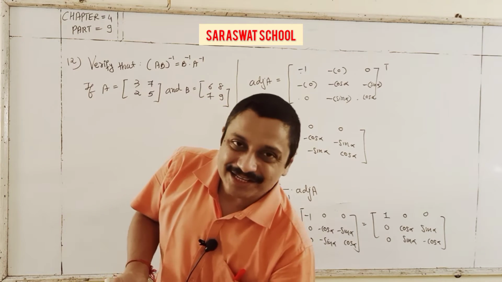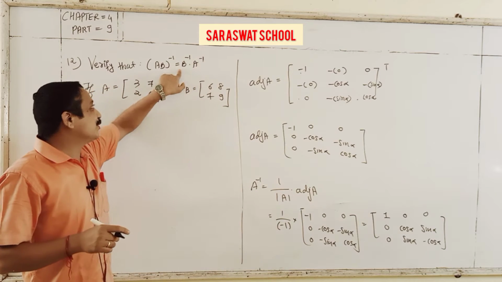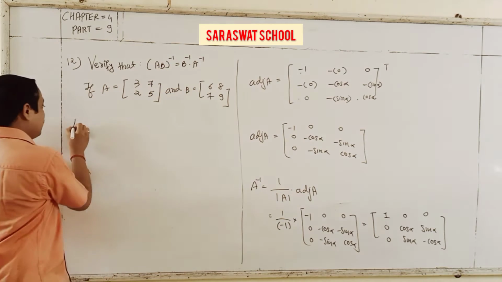Very easy. I first calculate the product AB only, and then after that I will start the inverse process.